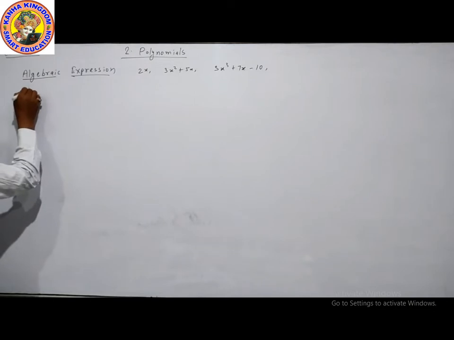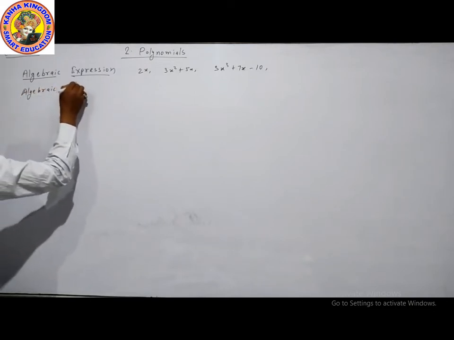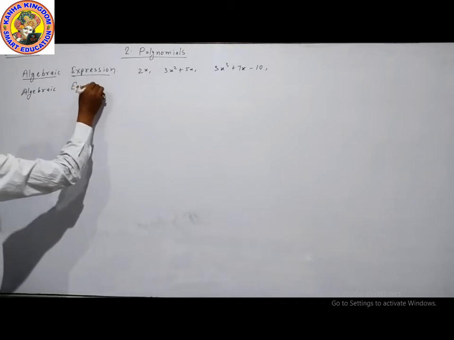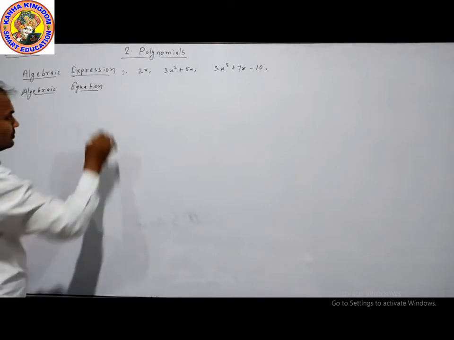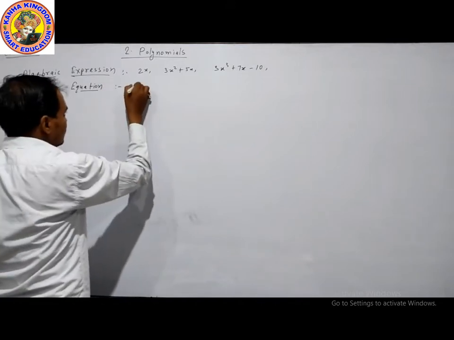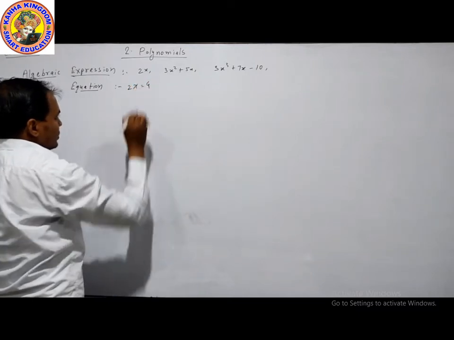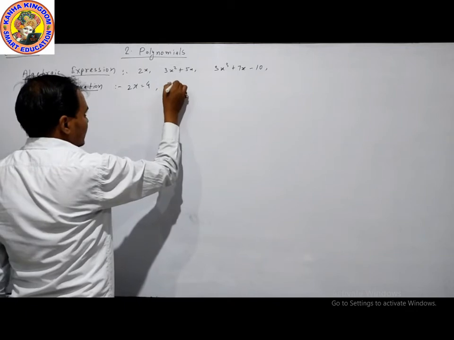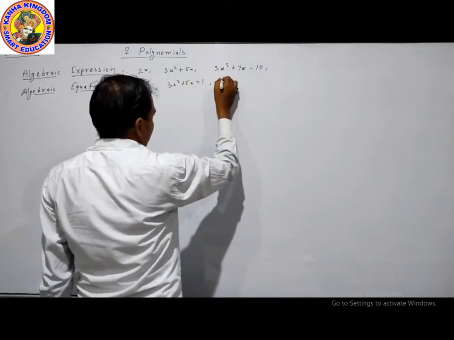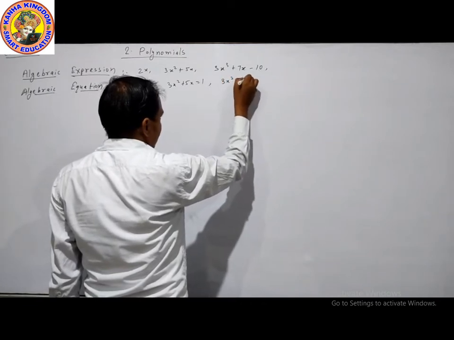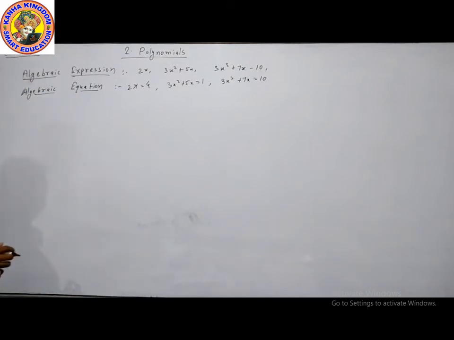And what is the algebraic equation? If I write 2x is equal to 4, 3x square plus 5x is equal to 1, 3x cube plus 7x is equal to 10, these are our algebraic equations.